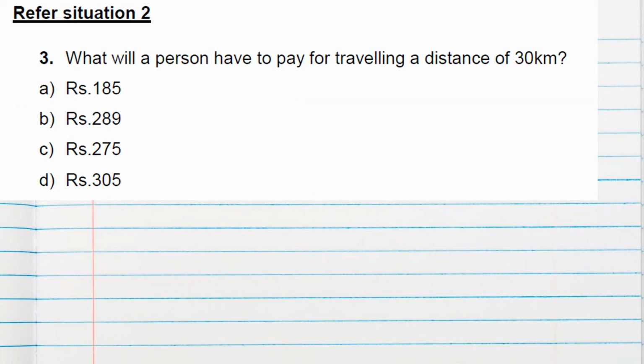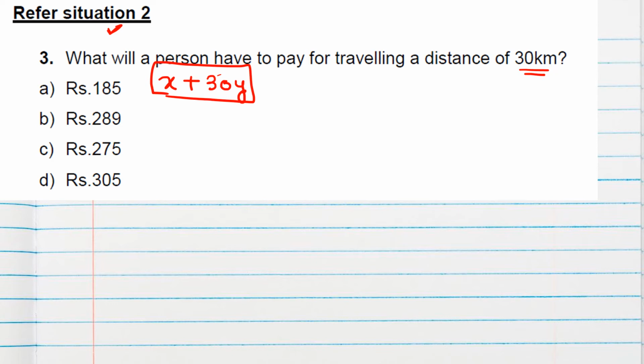Now question number 3 is based on situation 2. Refer to situation 2. What will a person have to pay for traveling a distance of 30 kilometers? One fixed charge he has to pay plus 30 into y for each kilometer. Here also we need to find x and y. We can't use 5 and 7 here, because those values of x and y are from situation 1.